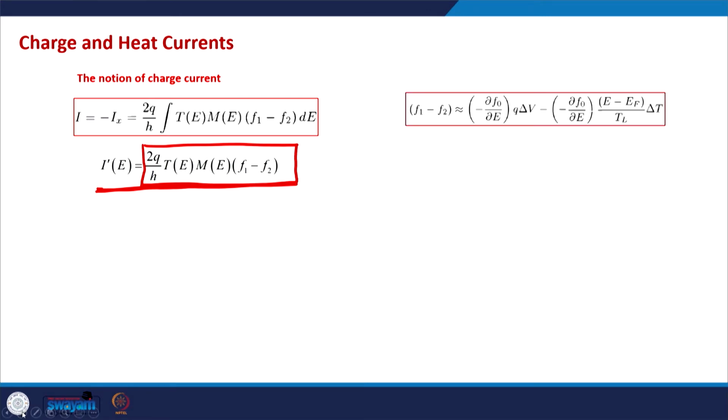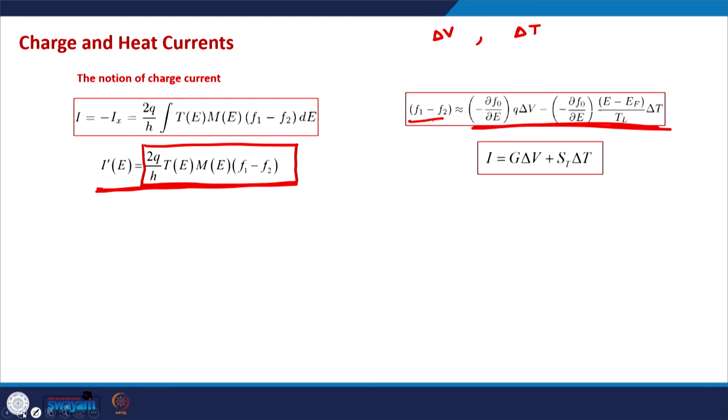So as we have seen, F1 minus F2 arises when there is a gradient in voltage as well as in temperature. So if across a conductor we have delta V as well as delta T, in that case F1 minus F2 is given by these two terms, and if we put these two terms here, then the charge current becomes like this.